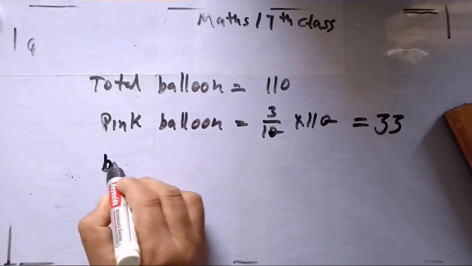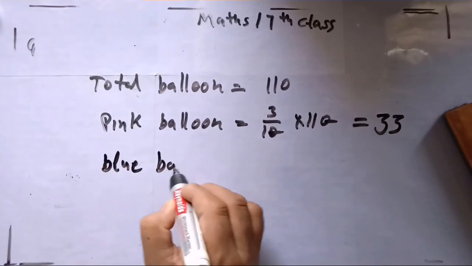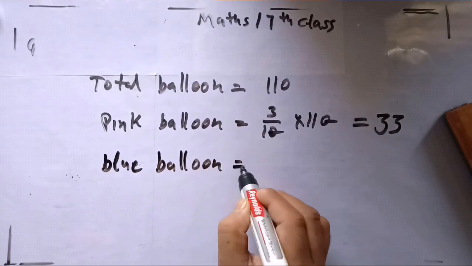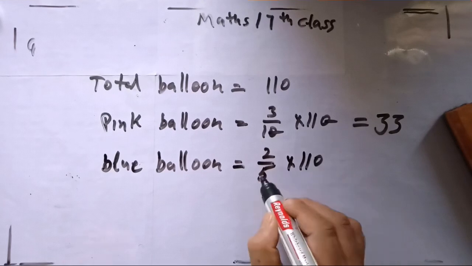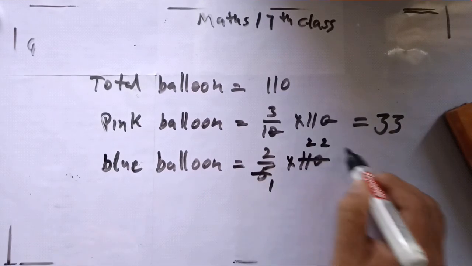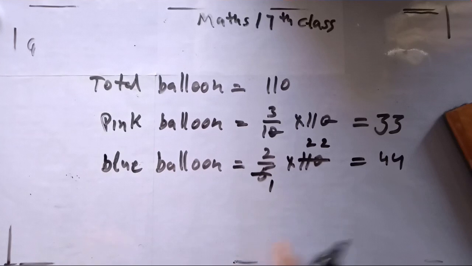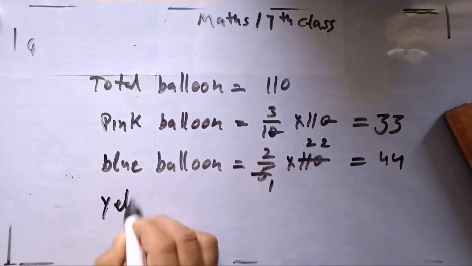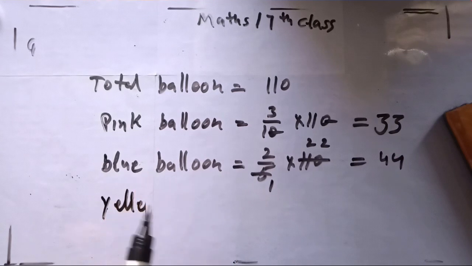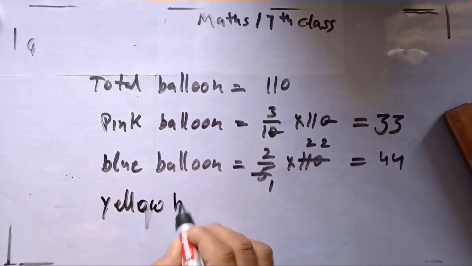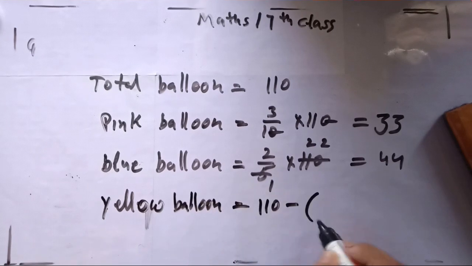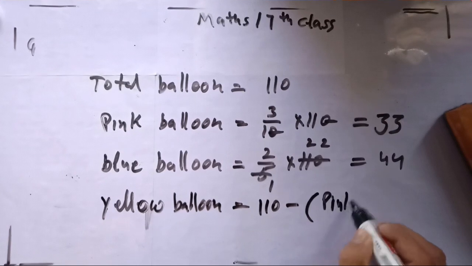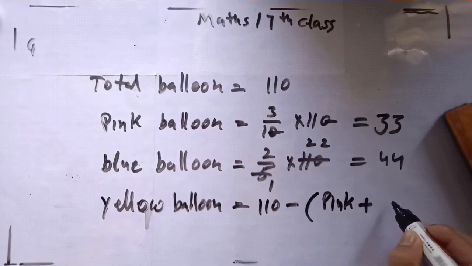Then blue balloons are equal to 2/5 of the total, which is 110. So 5 ones are 5, 5 twos are 10. This is 44. 44 balloons are blue, and the rest will be yellow. So yellow balloons are equal to the total minus the sum of pink and blue.